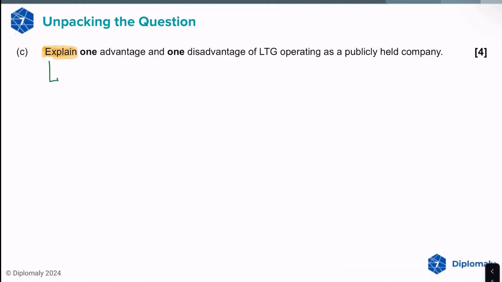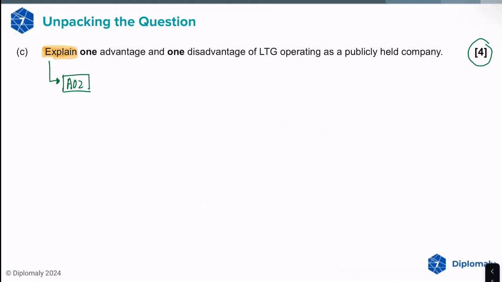From my previous video, remember that the command term explain could be regarded as an AO1 command term, but also an AO2 command term, depending on the number of marks allocated to the question. As you can see, this is a 4-mark response, so this command term is now at the AO2 level.